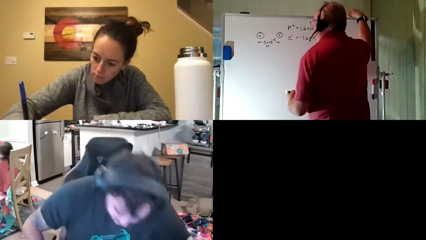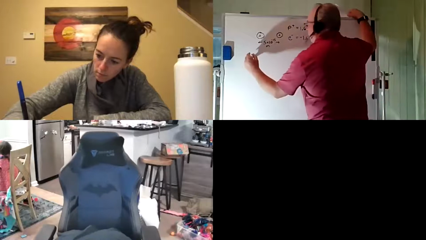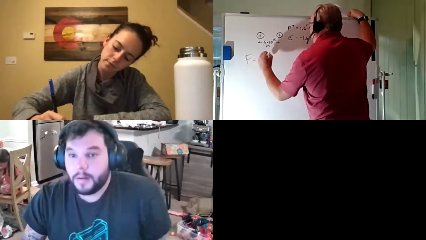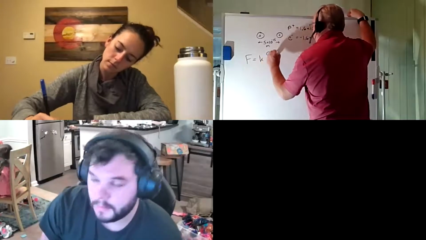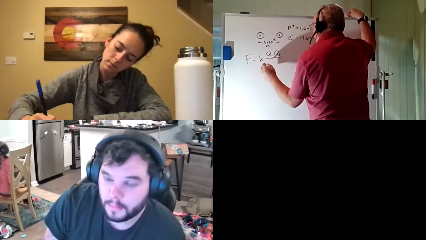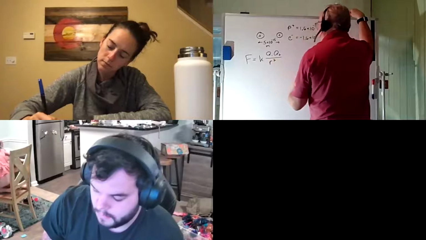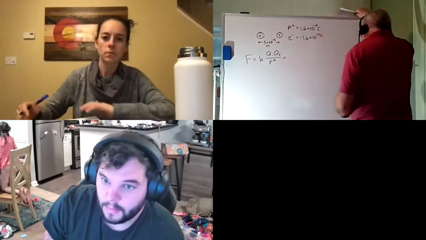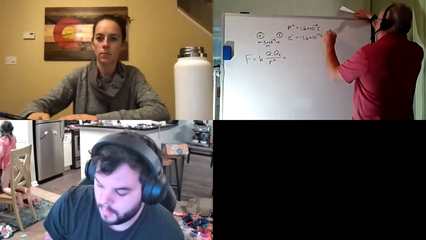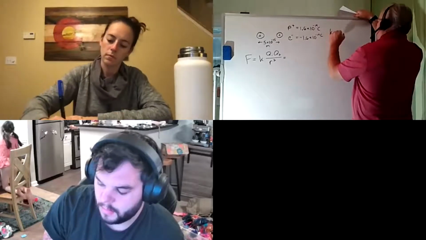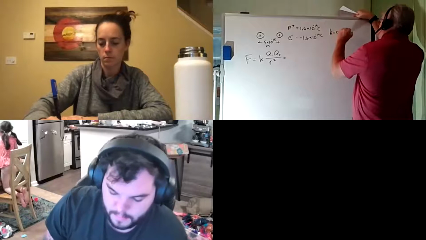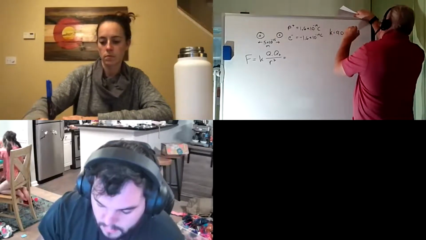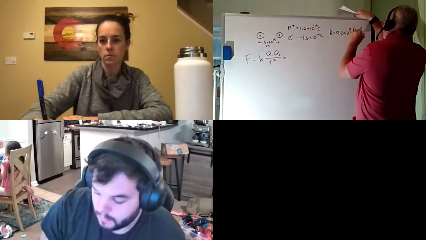So now we can apply Coulomb's law. The force equals K times Q1 times Q2 over R squared. The K value is a fixed number. K is equal to 9 times 10 to the 9th newtons meters squared over coulomb squared.